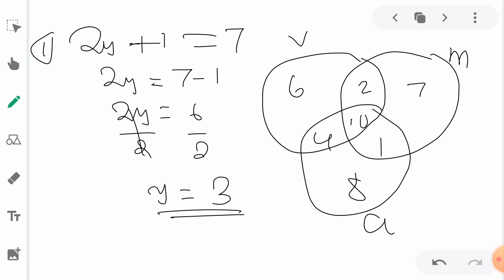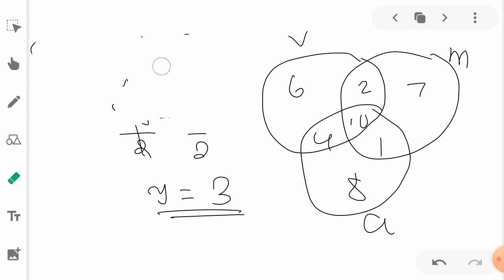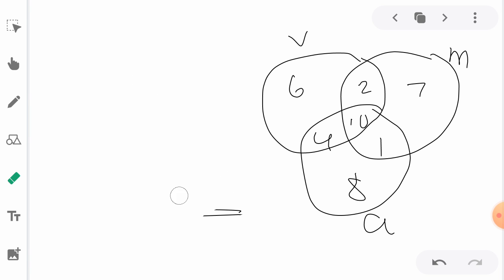So Roman numeral 2 says how many students visited Victoria Falls but not Gonya? So how do you answer this type of question? Let me just erase this. I'm saying only those who visited Victoria Falls but not Gonya.